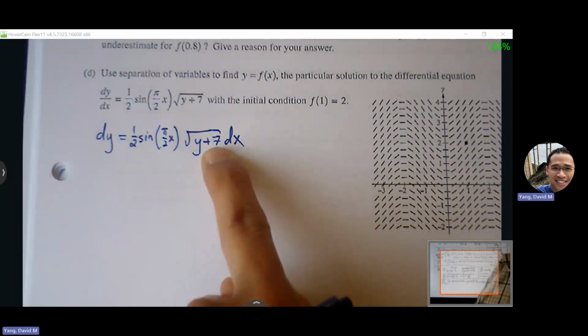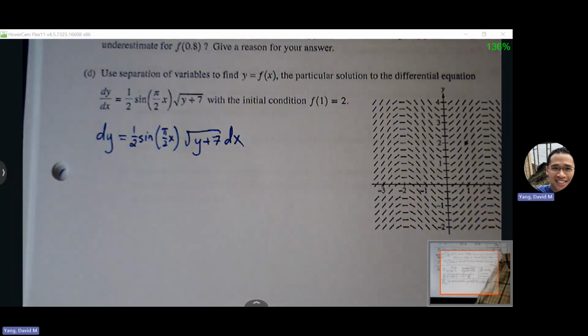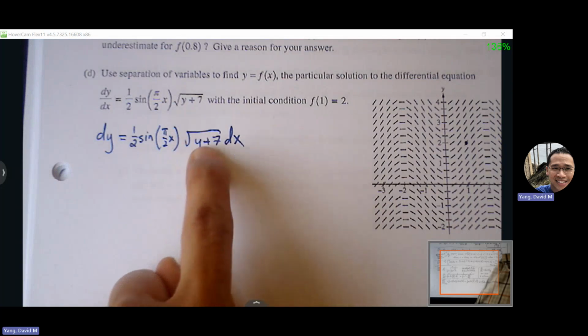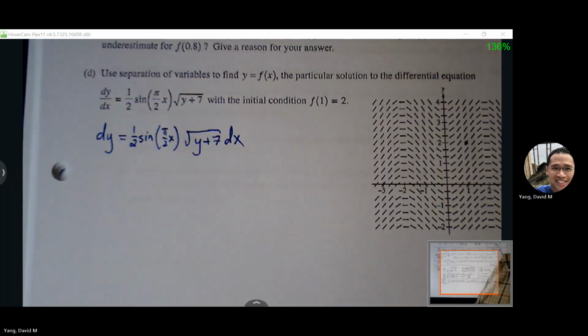Yeah, see that this y plus 7, right? So how can we move it? What does it look like if we move it? Well, we have to move it, right? So we don't want to do any calculus just yet, just in terms of moving it. How would you move it? What I mean by moving it is, how can I get this to the left side of the equation?